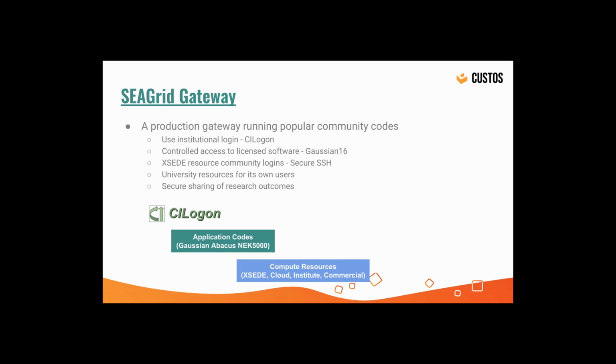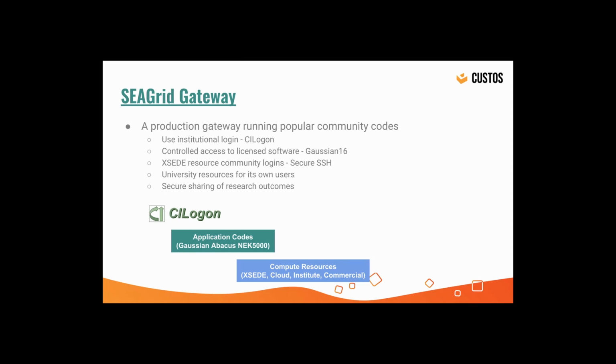Secret also connects to some cloud resources and commercial resources for high performance computing. In order to get connected to those, we need to make sure that we have secure connectivity, and that is also a service provided through Custos.